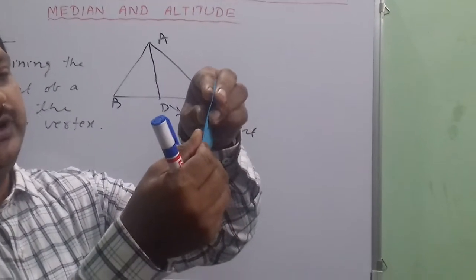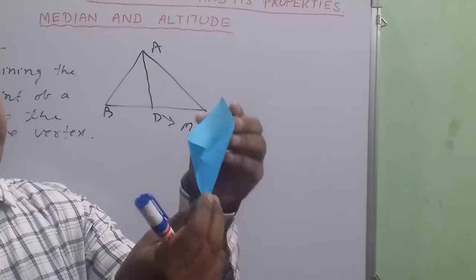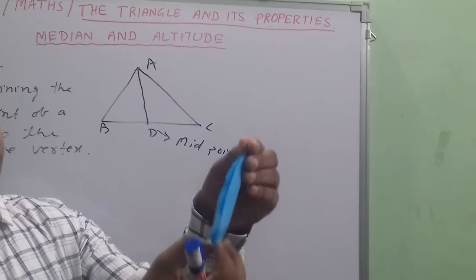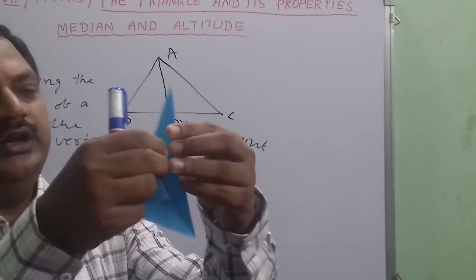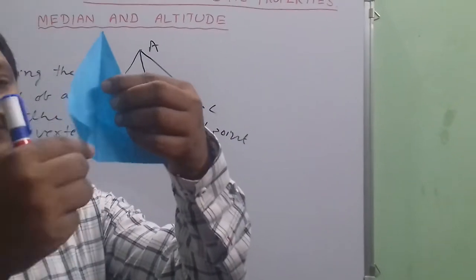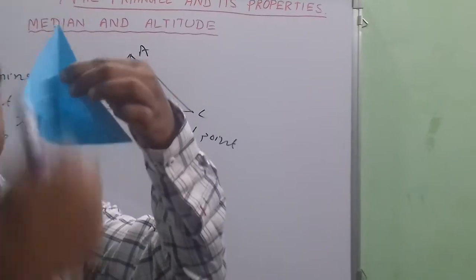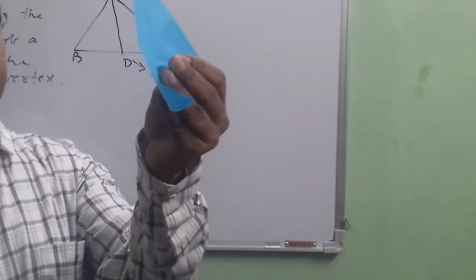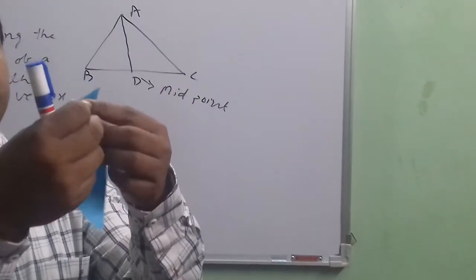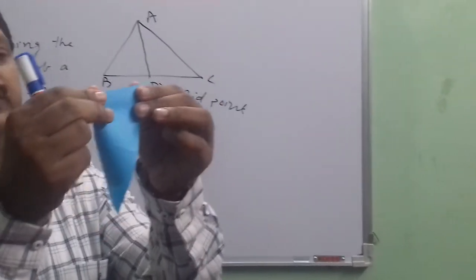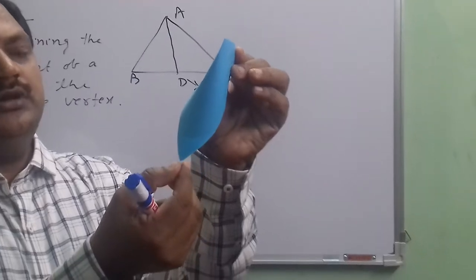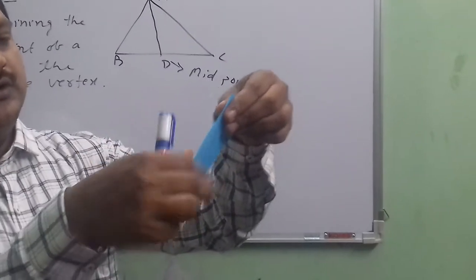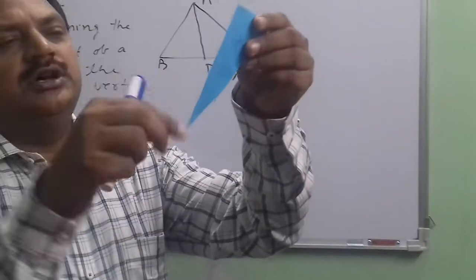Now if I take this side, then again I shall find another median. So this is the midpoint of this side, and if I join this midpoint to the opposite vertex, I get another median. This was the first median, this is the second median, and if I take this side, fold it again to get the midpoint, and join it to the opposite vertex, I find the third median.